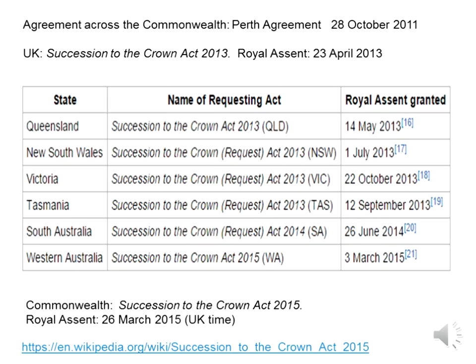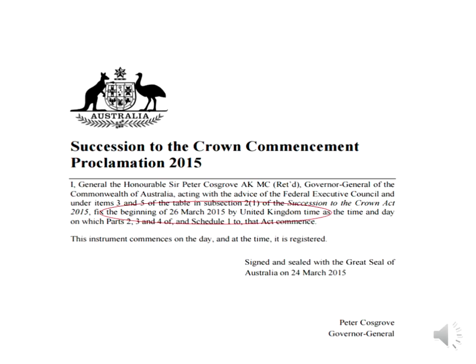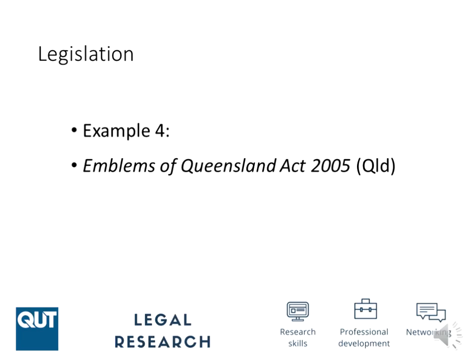So it's just an interesting example of how some pieces of legislation are interlinked across the different states. The proclamation, so that's when the Commonwealth Act actually came into force, interestingly had to wait until a certain time in the UK. So while we tend to believe that we're totally independent from Britain, there are areas where the linkages through the Queen are still very strong.